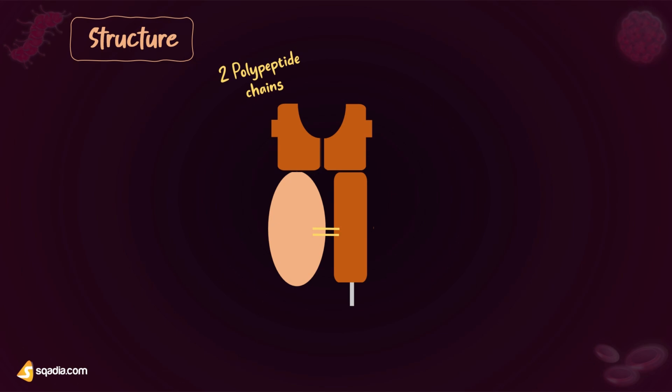Here, these polypeptide chains are the alpha chain, and the associated molecule is beta-2 microglobulin. Here the alpha chain has three further domains that are alpha 1, alpha 2, and alpha 3. And the beta-2 microglobulin is then linked non-covalently to the alpha 3 domain.